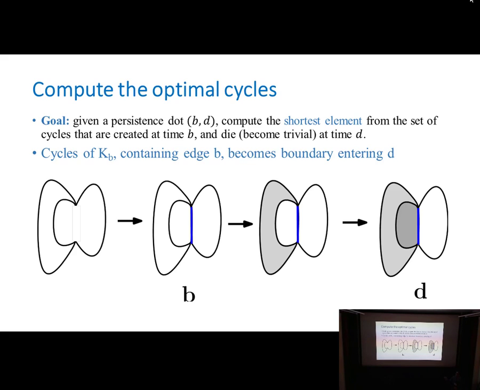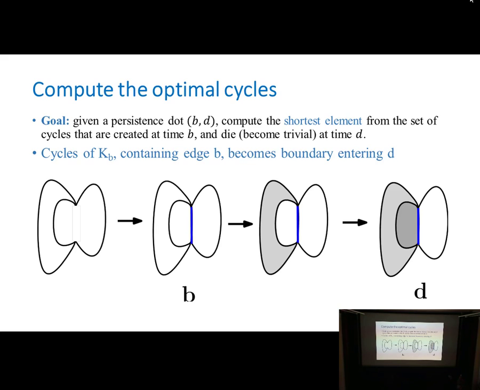As time goes, some of the cycles actually become homologous to each other, but those events are not relevant. What we really care about is the death time, when, let's say this is a simplex, and when it comes in, this homology is killed. This is the death time.